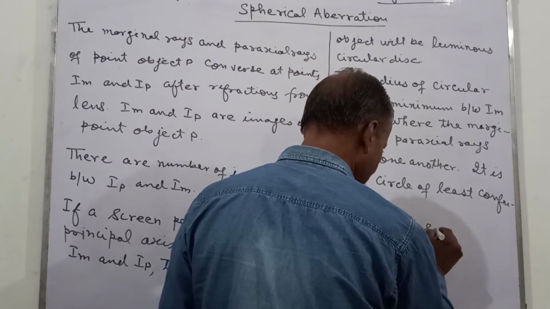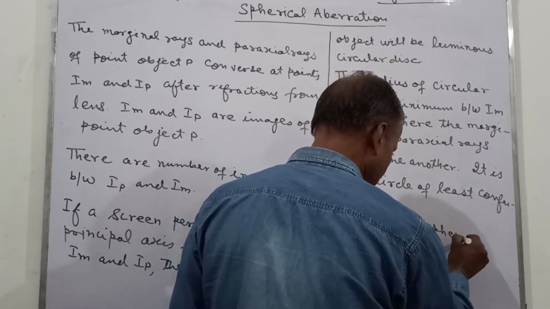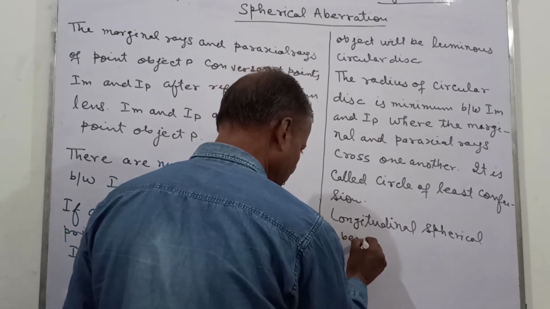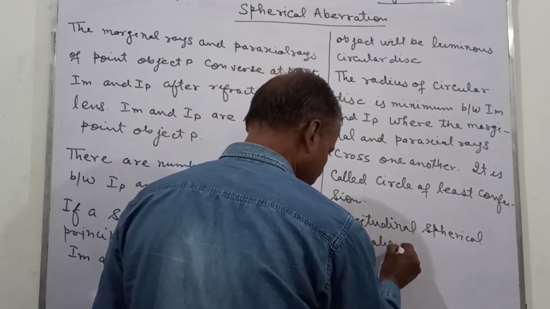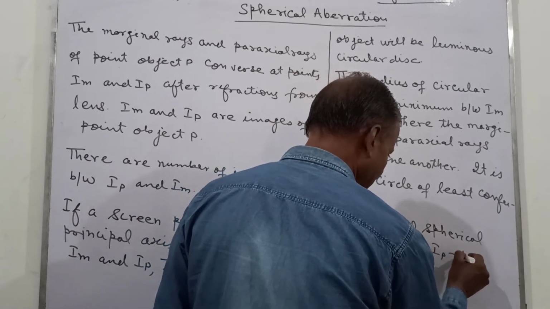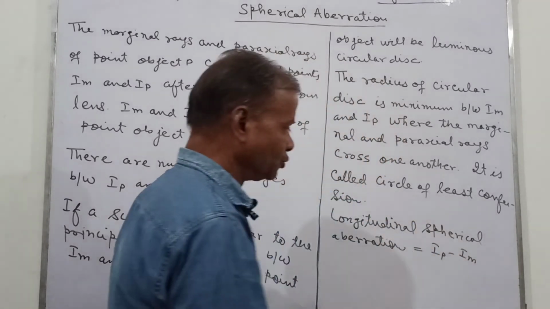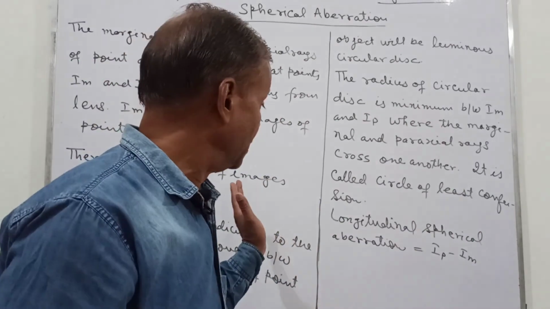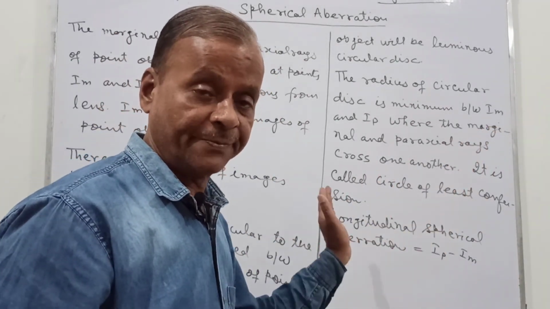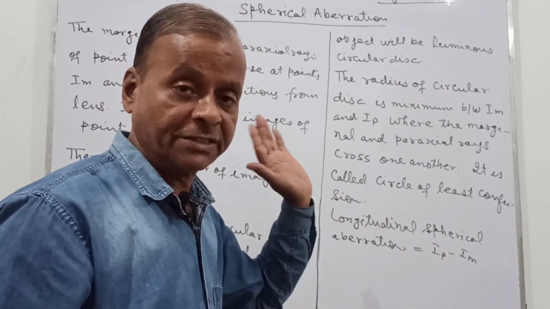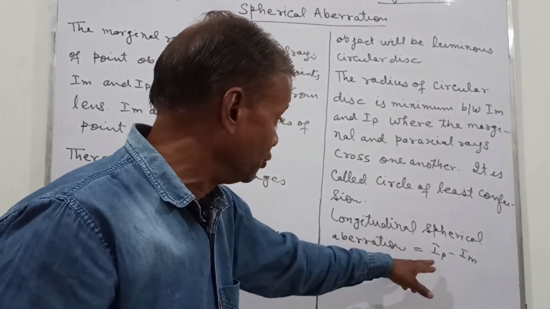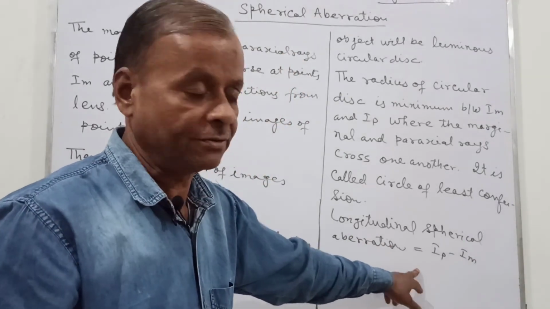Longitudinal spherical aberration is equal to IP minus IF. So the difference between the distances at which the marginal rays and the paraxial rays converge at points on the principal axis is called the longitudinal spherical aberration.